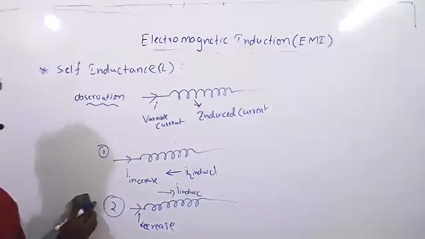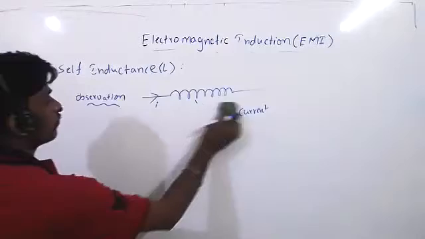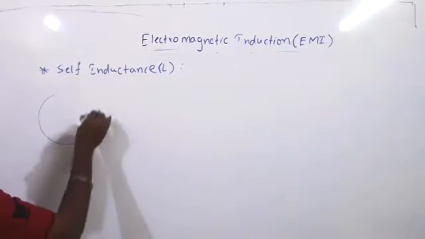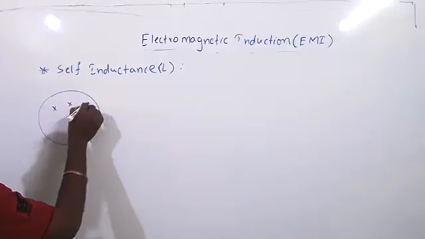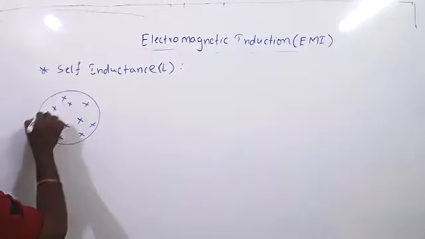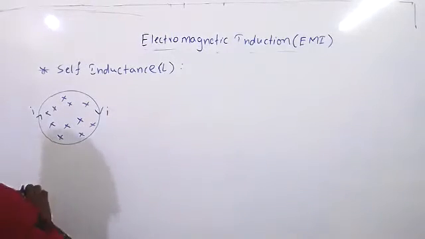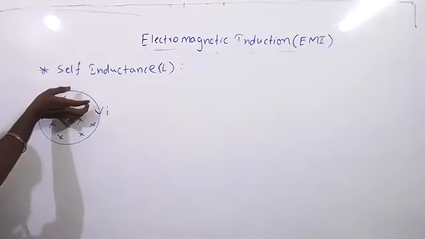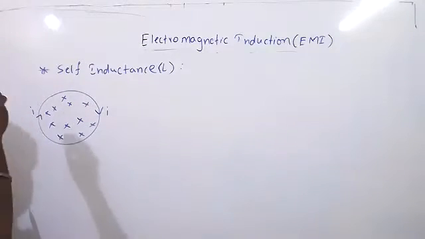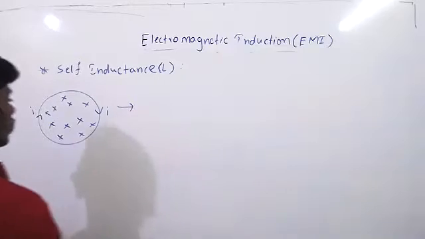Let's see. See once, the magnetic field linked with the coil. So the current direction will be in this direction. The magnetic field is inside. When the magnetic field going inside is increasing, what will happen?